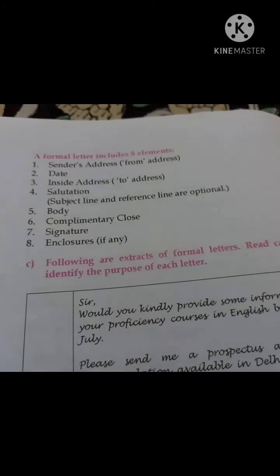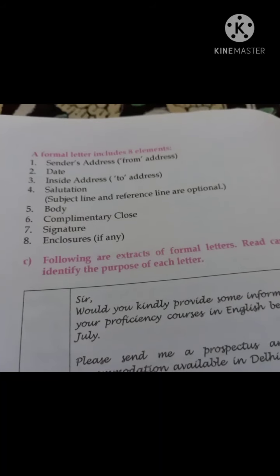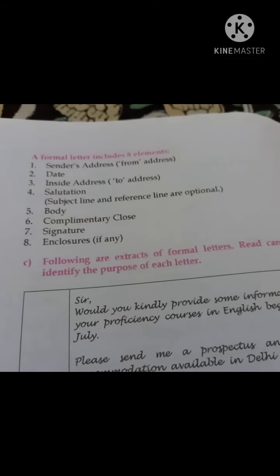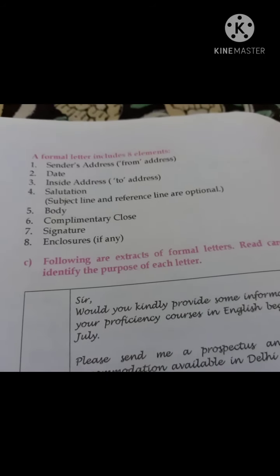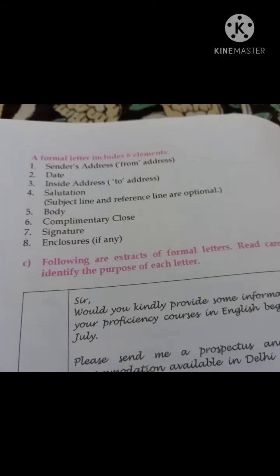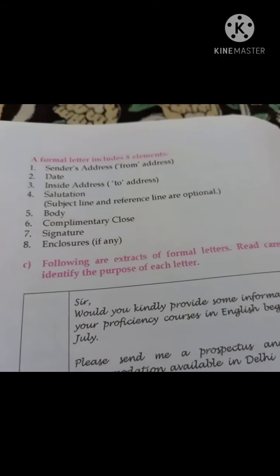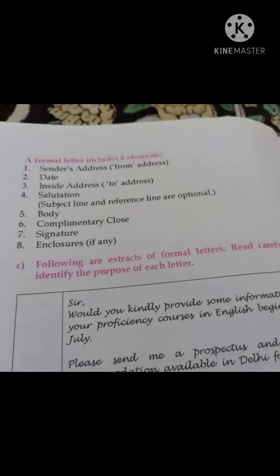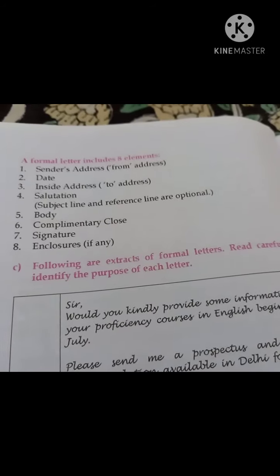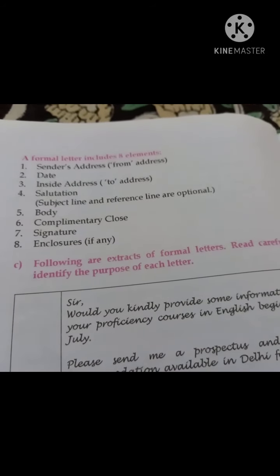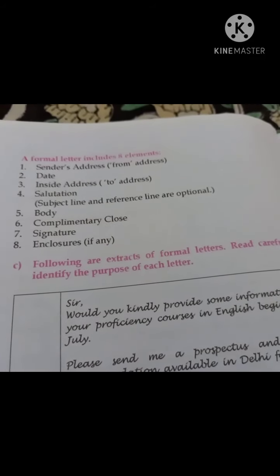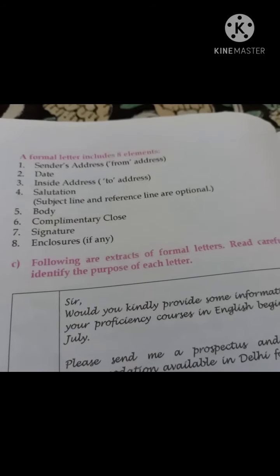After you complete the body of the letter, the next element is the complementary clause. What is complementary clause? After the body of the letter, you write thanking you or thank you, and then words like yours obediently, yours sincerely, yours faithfully, yours affectionately.